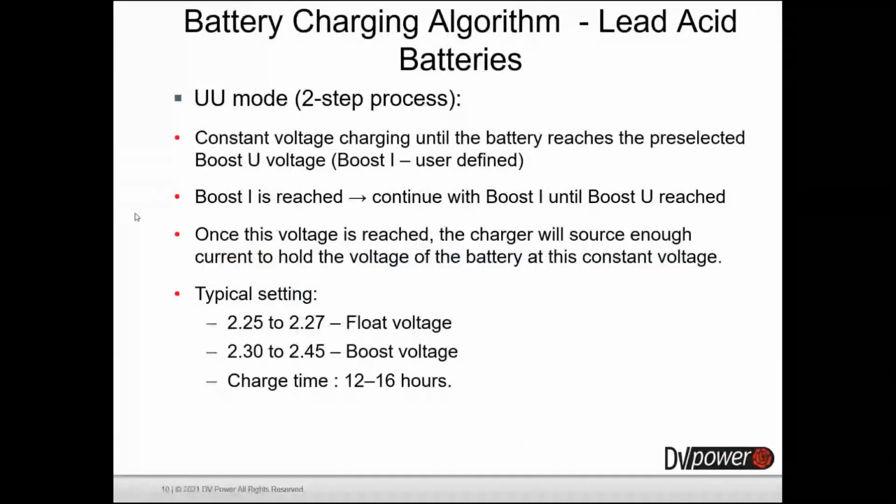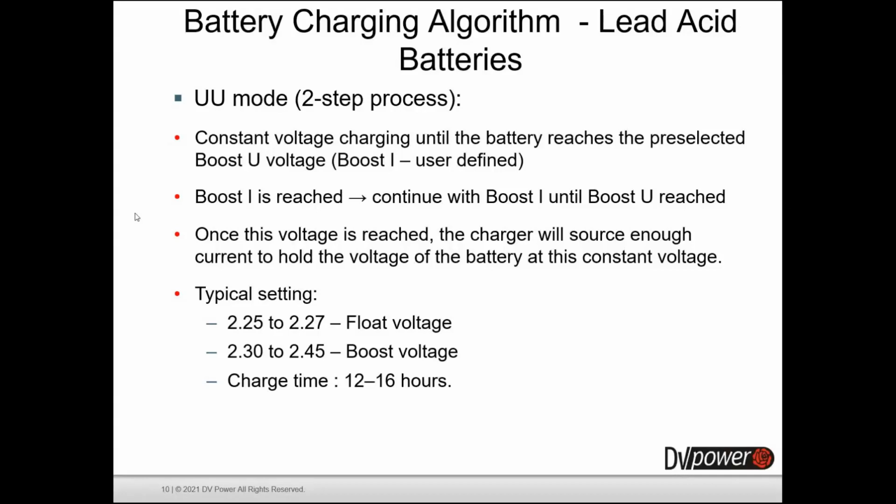Second way to charge the lead-acid battery is with UU mode. This is a constant voltage charging until the battery reaches the pre-selected boost voltage. Boost current is user-defined, but sometimes boost current is reached and boost voltage is not reached.